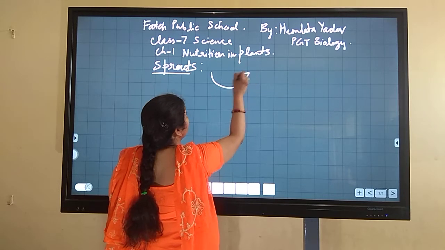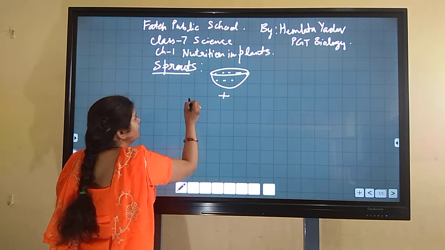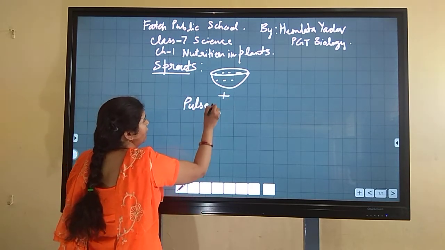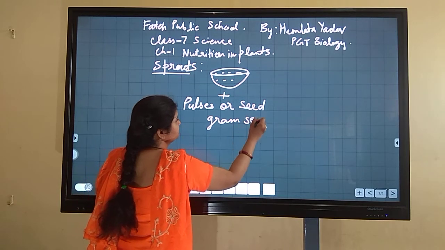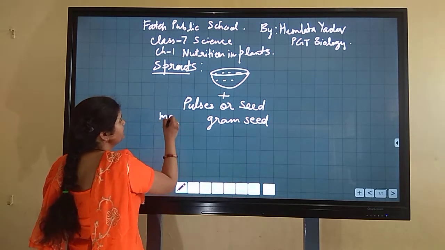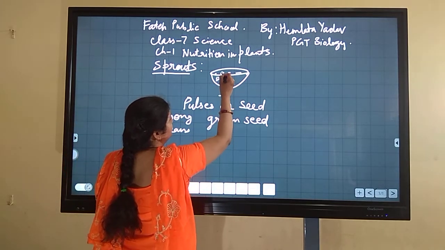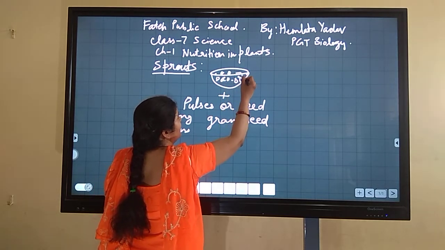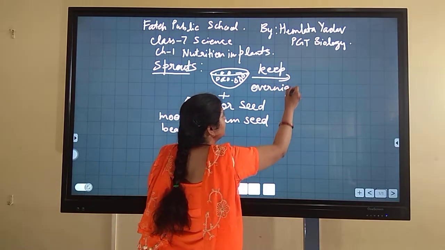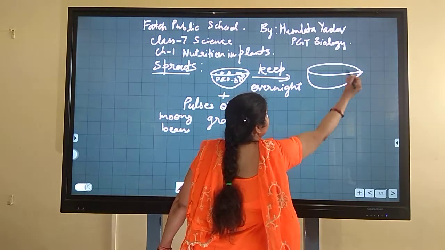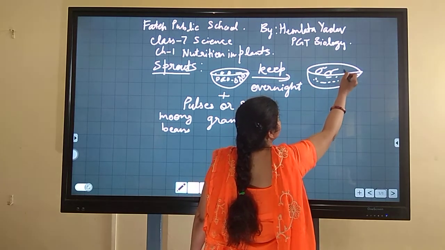If you take one bowl and put some water in it, full of water, and you add some pulses in it or some seeds like gram seeds, and in pulses you can take moong beans, and if you soak these seeds in the bowl with water and keep them overnight as they are, what you get in the morning is that these seeds will bring out tiny structures by absorbing this water.